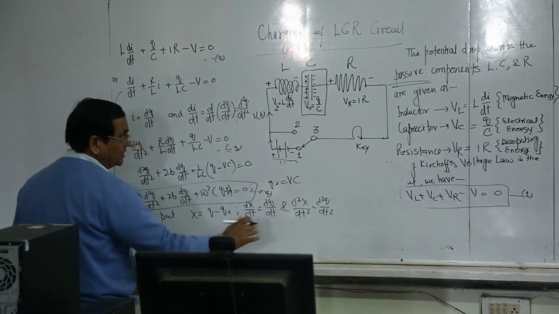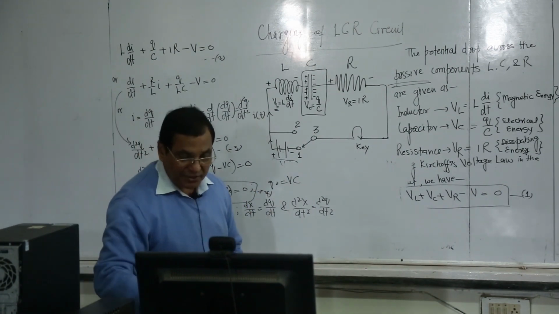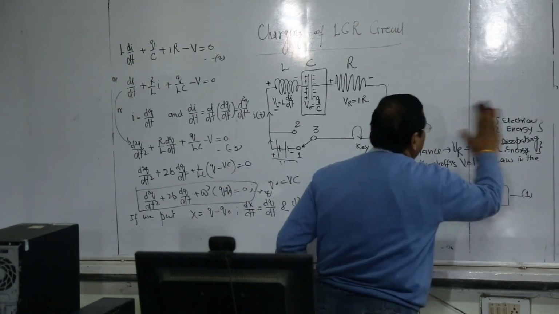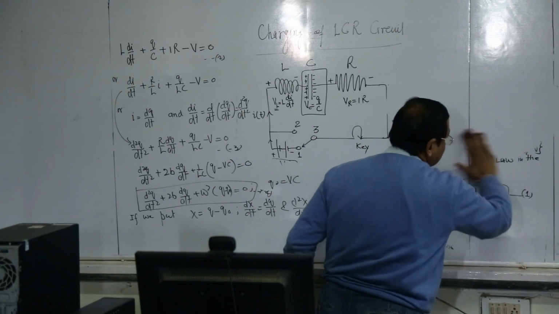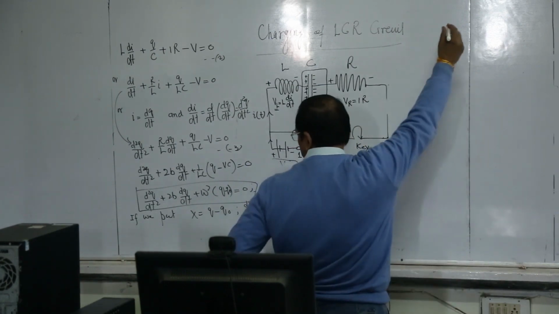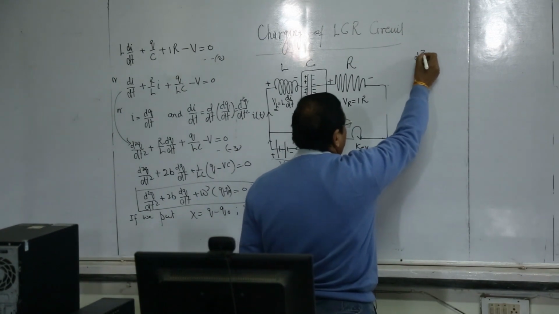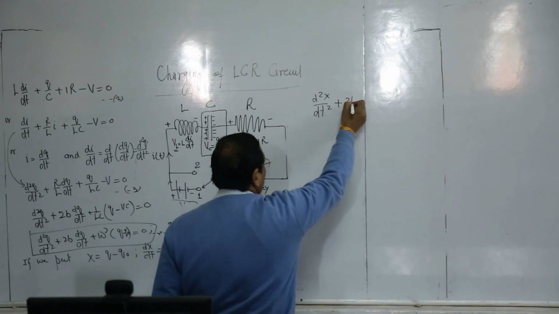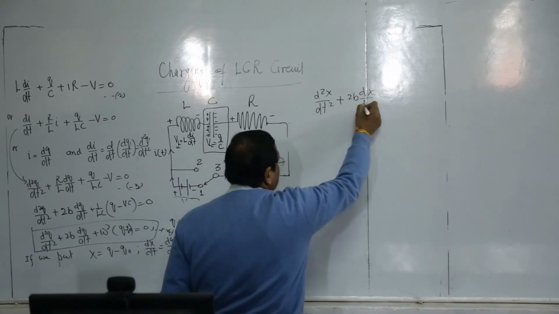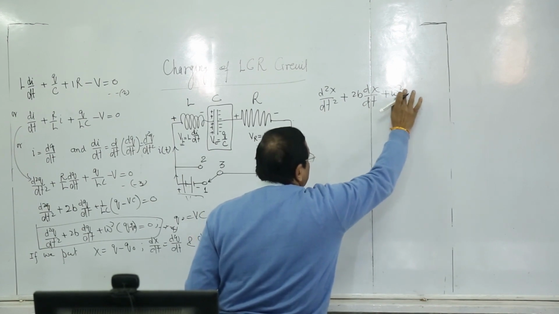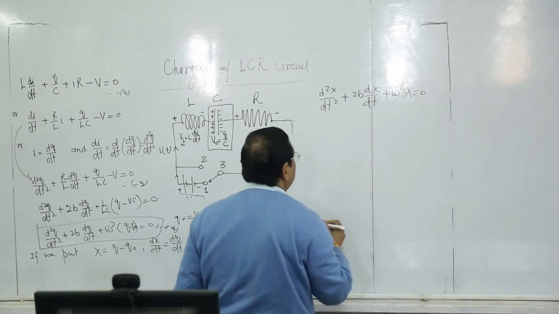By substituting, we have d2x by dt square plus 2b dx by dt plus omega square x is equal to 0.